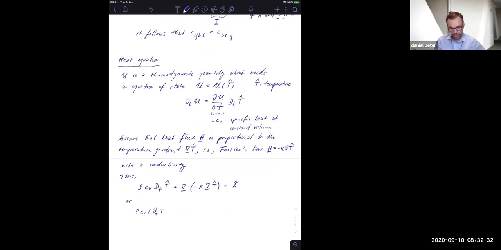So we have the time derivative of temperature plus this term with V dot grad temperature, equal to the divergence of kappa times grad temperature, plus the heat production. And so this is written now in the Eulerian framework, and this again is the heat equation.